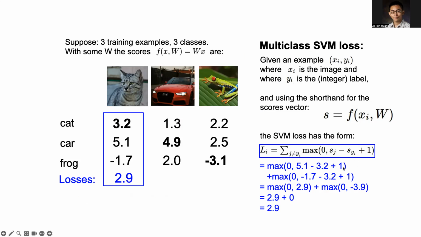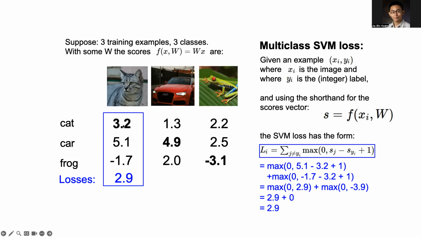Okay, so this guy is going to be 0. Plus the other guy, right? 0 minus this guy. Okay. So ideally, you want the prediction for the cat to be higher than the car, but it's not. Right?